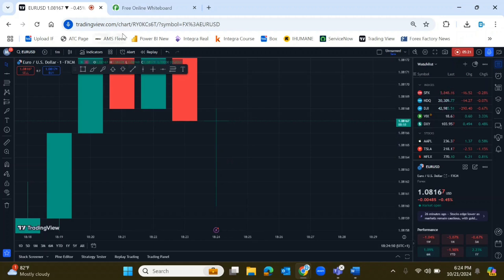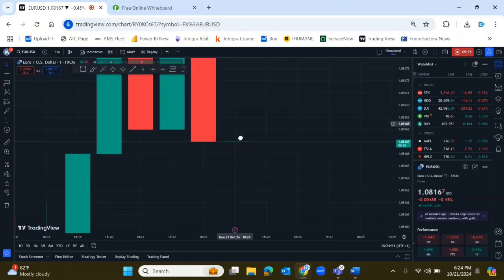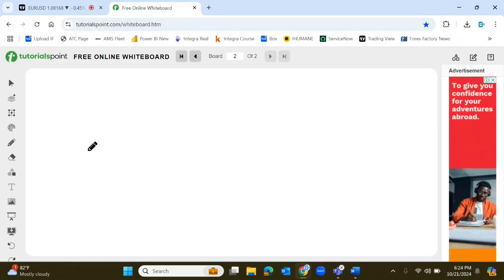So let me go to our whiteboard and illustrate to you why this candle is forming this body and these wicks. This is what the price does. For a price that is going up, for instance, it opens around this place. Let me draw it so that you'll understand it better.